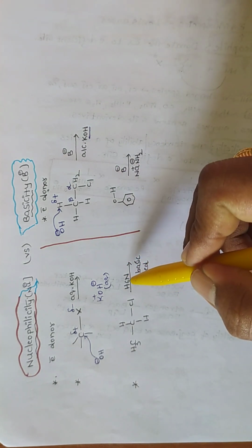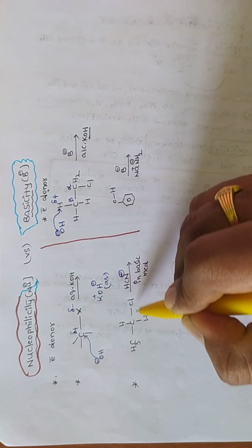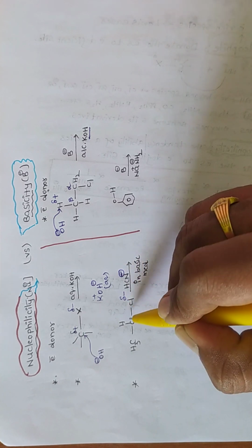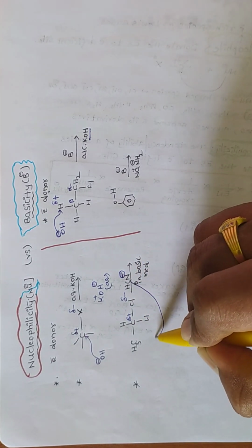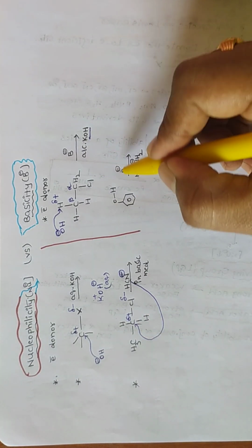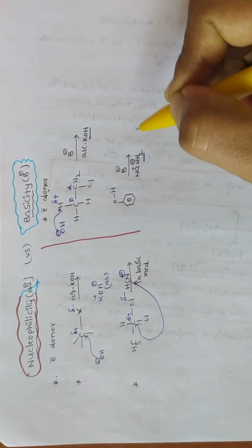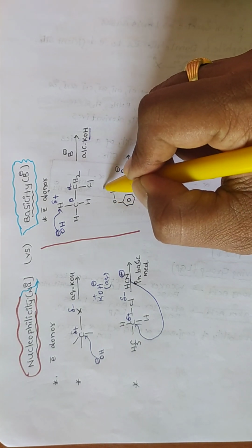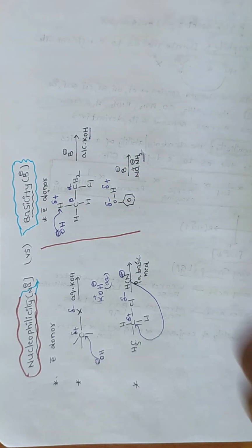Same way here also. Now I am taking HCN in basic medium. Here the nucleophile is CN minus. Now in the carbon halogen bond, halogen is more electronegative, so it is minus and carbon is plus. So this nucleophile is giving the electrons to this carbon. Whereas when we take NaNH2, NH2 minus is acting as a base. Now oxygen, hydrogen: hydrogen has partial positive, oxygen has partial negative because it is more electronegative.